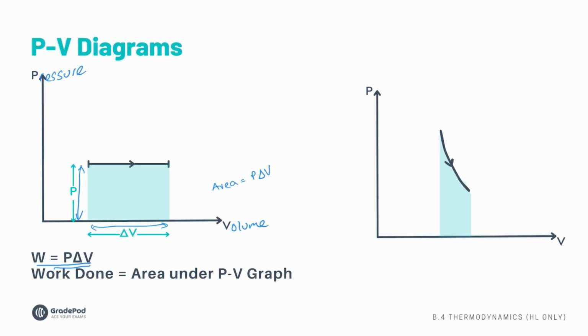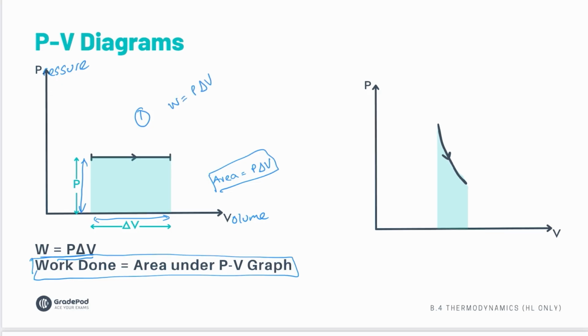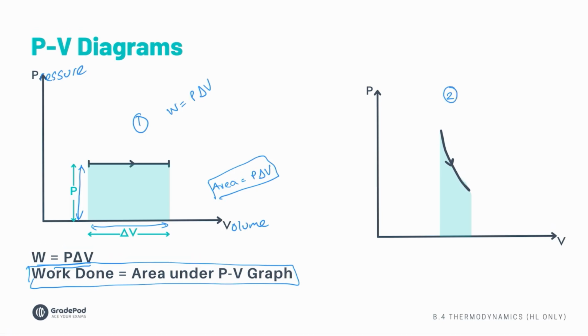What that tells us is that the area under a PV graph is equal to the work done by or on the gas. Now obviously in graph 1, finding the area would be very simple. It's actually just W equals P delta V. But for graph 2, it becomes a little tricky. It's not an easy geometric shape for you to calculate.